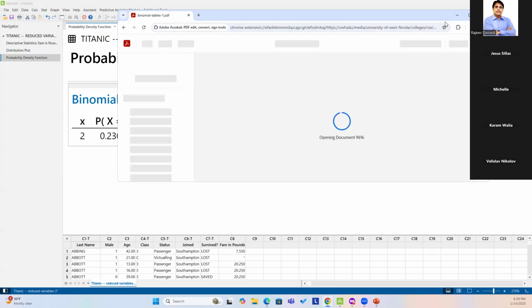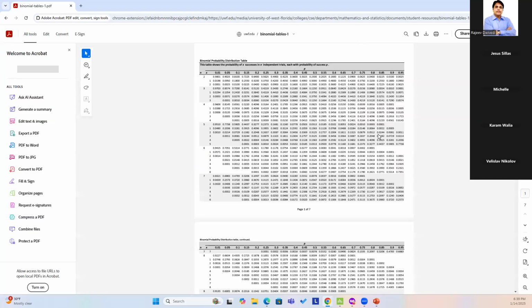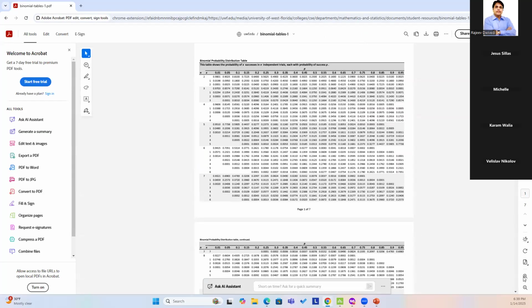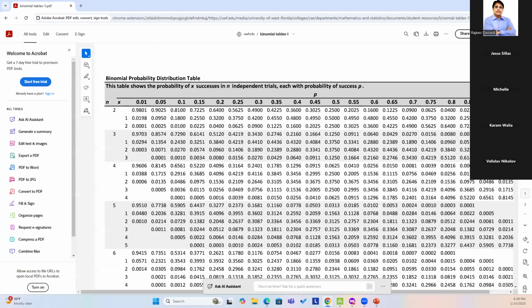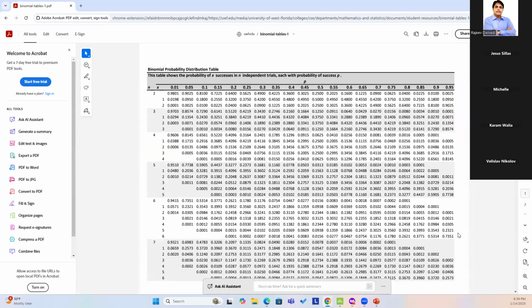These tables are given at the end of the book. When I did not have computers and sophisticated tools like all these software packages, I used to do it using this table, because it was what was available to me. Can you see the table?